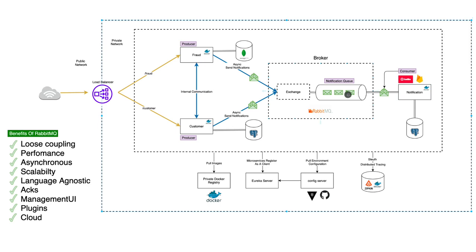Now, messages also don't get removed from the queue unless the consumer acknowledges that it has received the message, which is a good feature, right? So if notification has issues reading from the queue and the broker doesn't receive an acknowledgement, then the message is still intact. RabbitMQ also offers a management UI, which you'll see in a second, and the community has built lots of plugins, and you can run RabbitMQ on the cloud, which is a good thing, right?